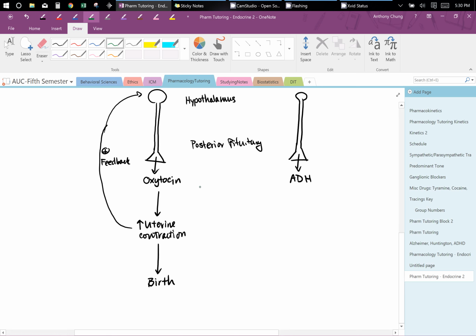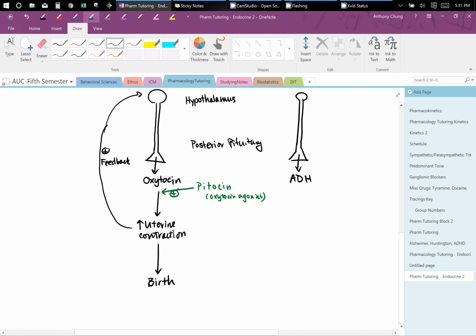One is Pitocin. That one mimics oxytocin, so it's an agonist, and it will stimulate this whole pathway.